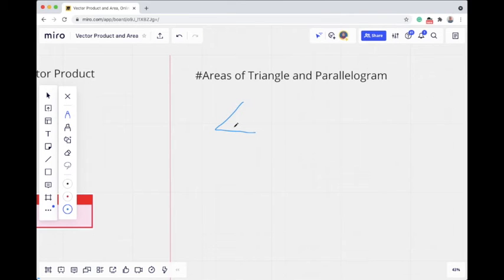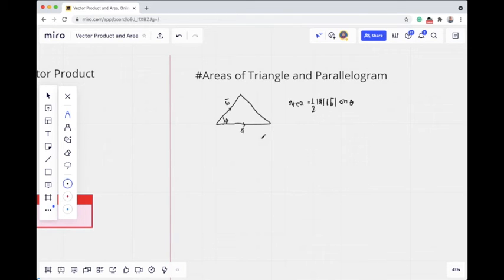For example, if you have this triangle, suppose this is theta, this is B, this is A. You can find the area of this triangle: the length of A times the length of B sine theta over 2, or half of magnitude of A times magnitude of B sine theta, right?